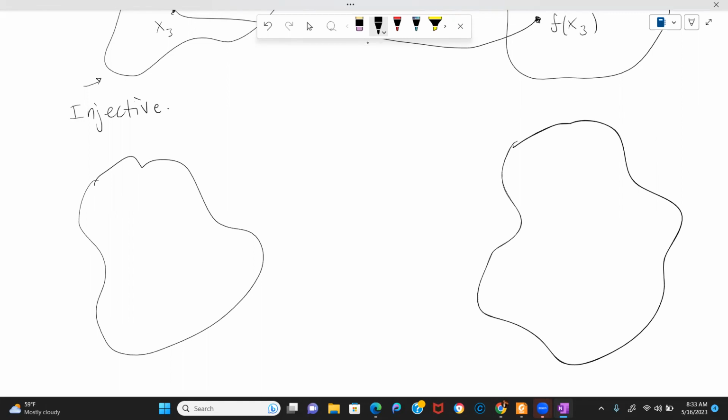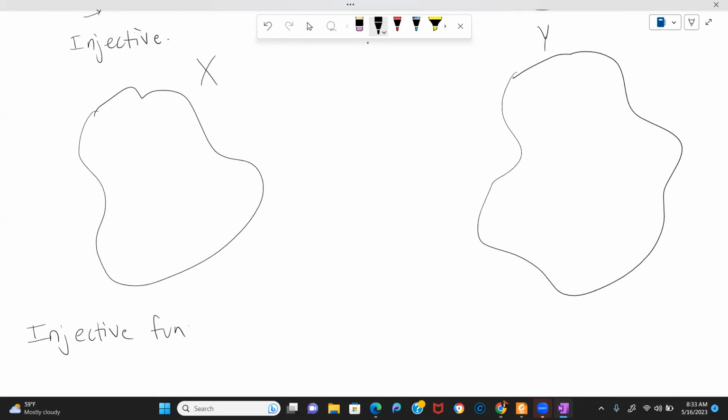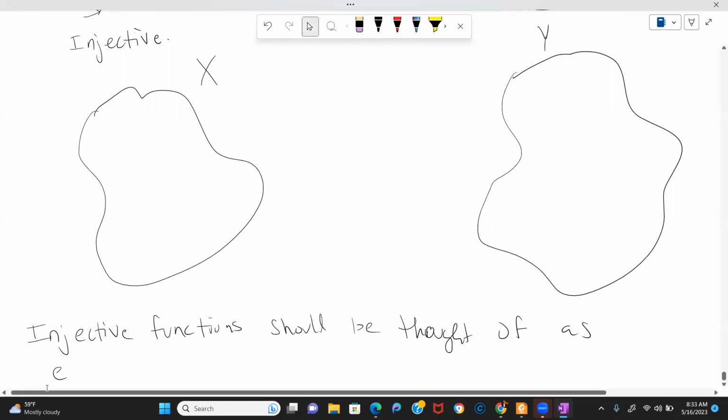The idea is that injective functions should be thought of as embeddings.